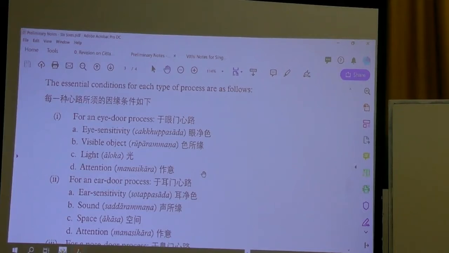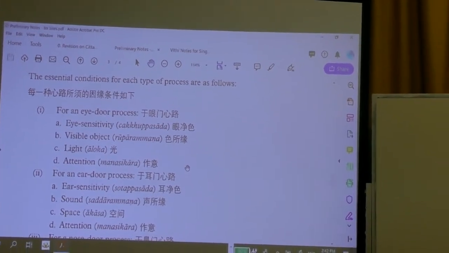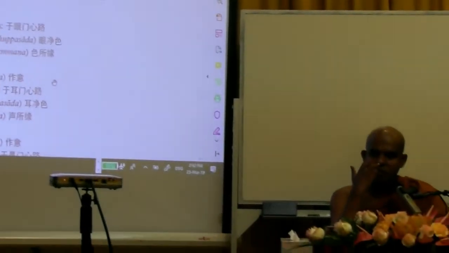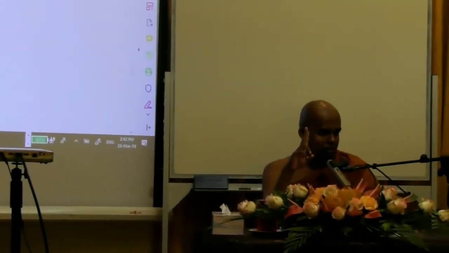How many consciousnesses arise in the ear base? There are also two. In the same way, in the nose base also two, in the tongue base also two, in the body base also two.